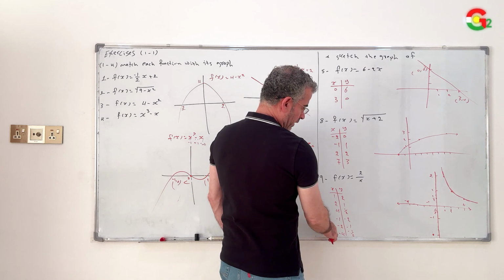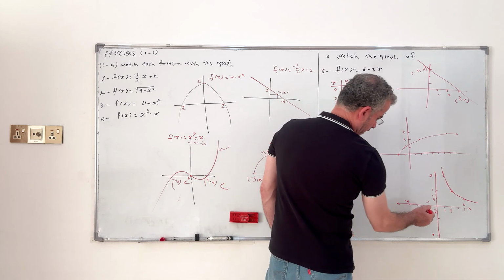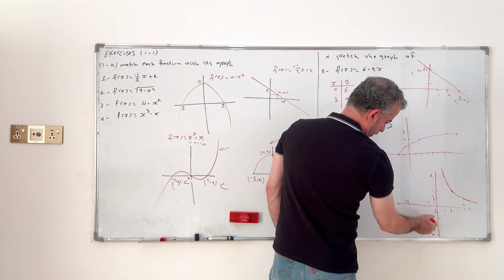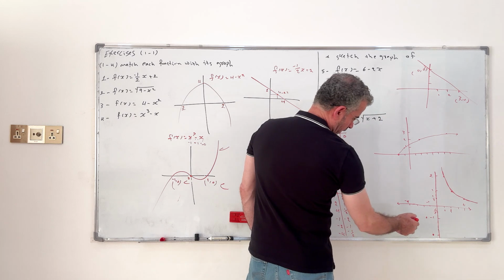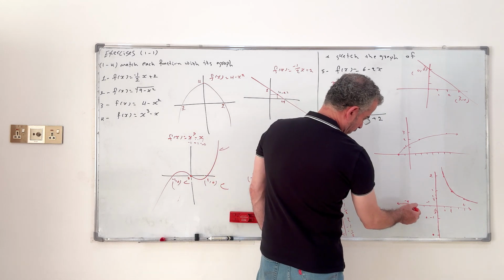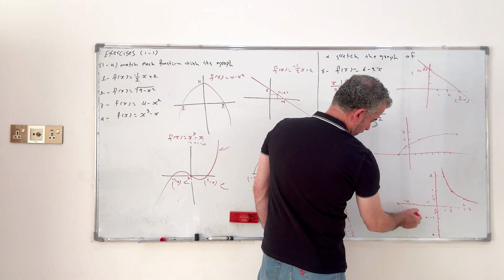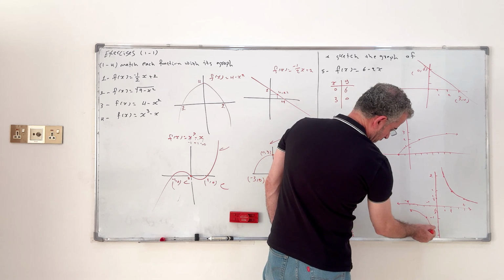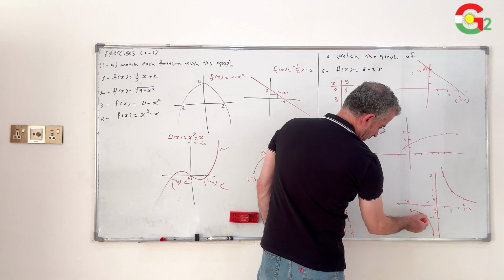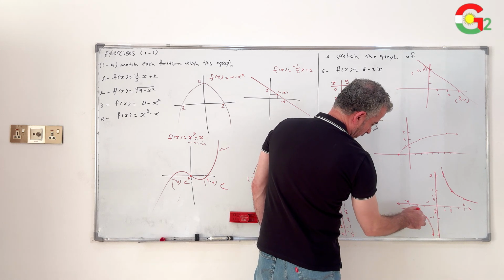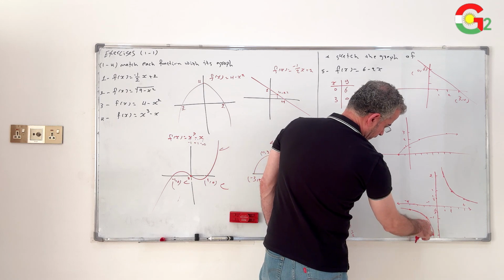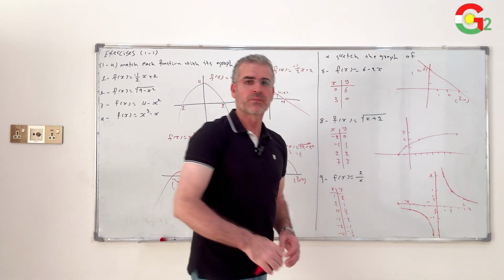When x equals negative 2, y is 1. Negative 2, 1. Here. When x equals negative 4, half. This is our graph.